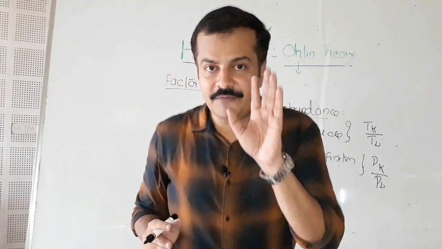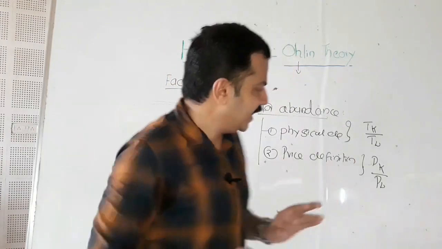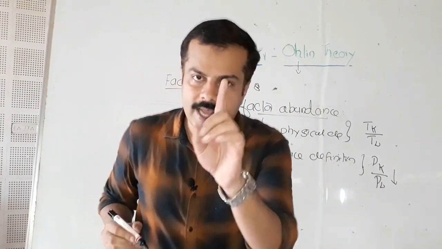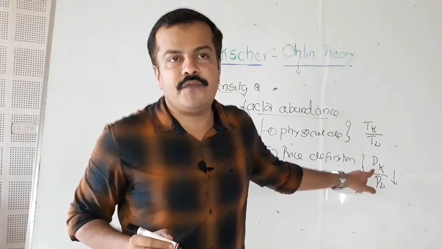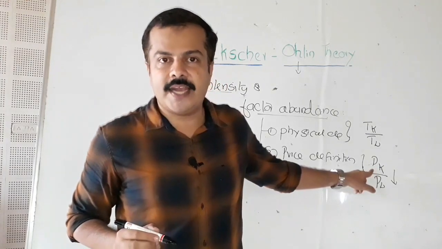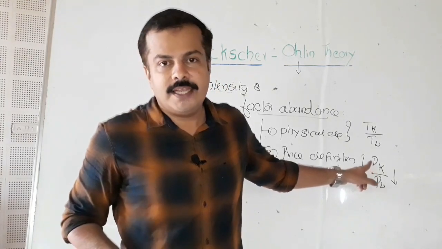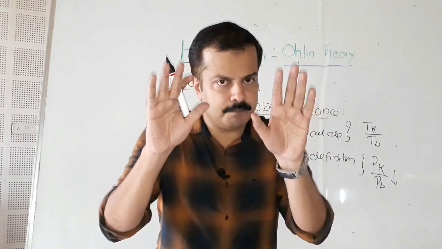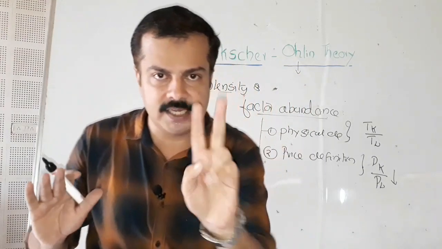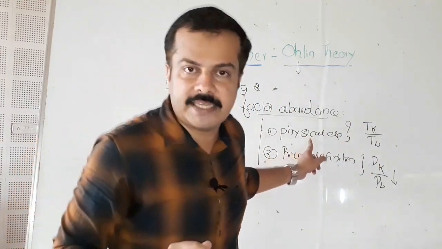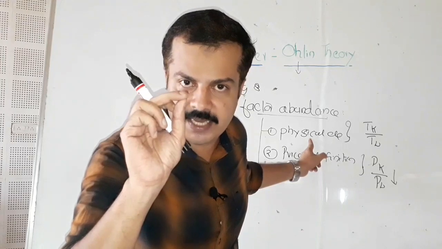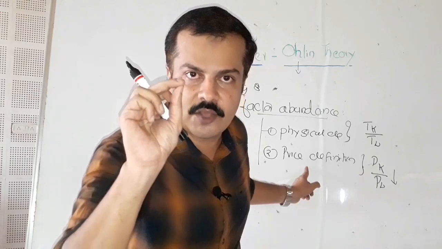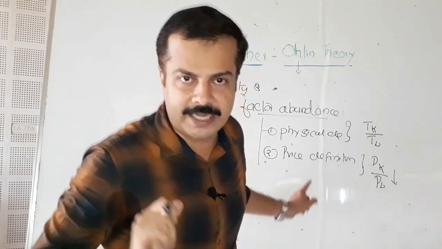If a country is capital abundant, this Pk by Pl will be smaller, because in a capital abundant country, the price of capital, being the abundant factor, will be small as well. So factor abundance is measured on the basis of two criteria: the physical criterion that analyzes the physical quantity of labor and capital, and the price criterion that analyzes the rental price of capital and labor. Now we have an important assumption.